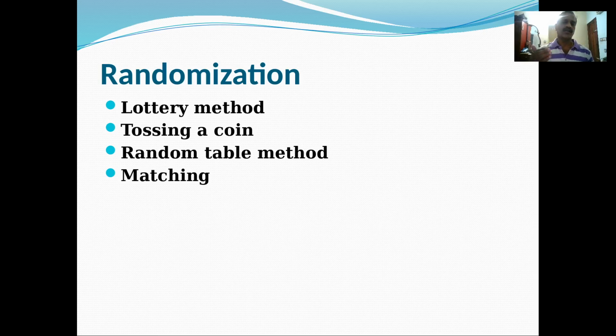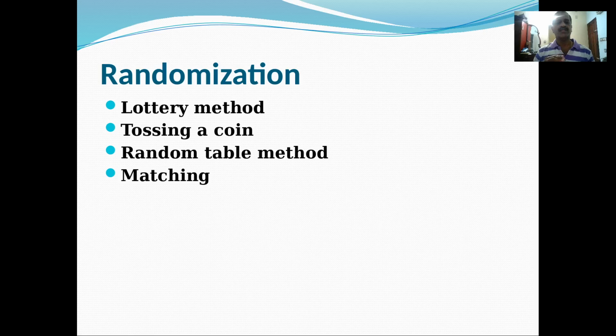So these are the methods of randomization: lottery method, tossing a coin, random table method, and matching. In the true experimental design, what we have discussed is that there are three important elements. If all these three elements are there, without any laboratory investigations or laboratory tests, we call that study a true experimental design.